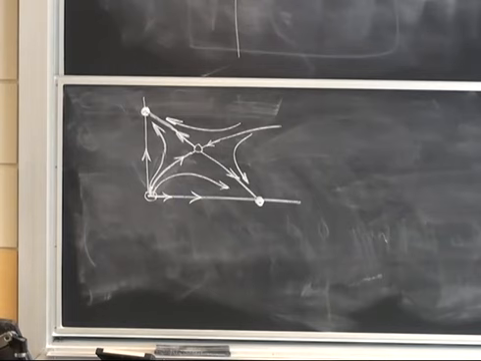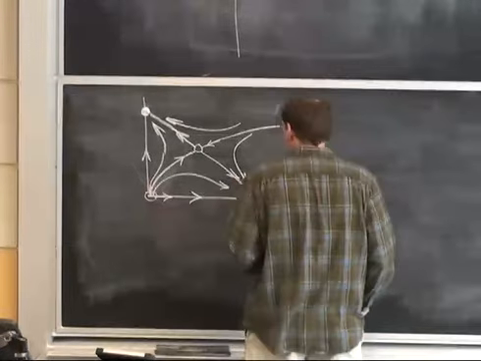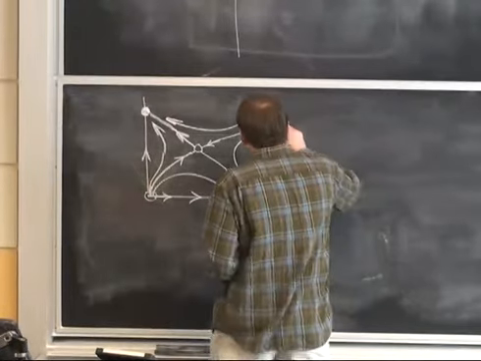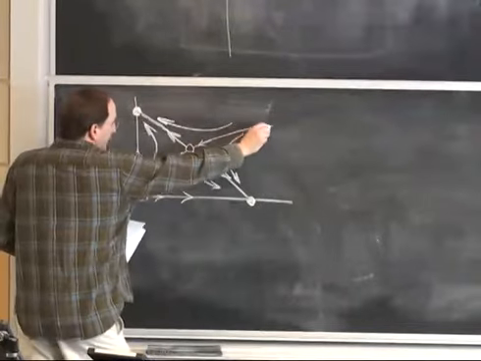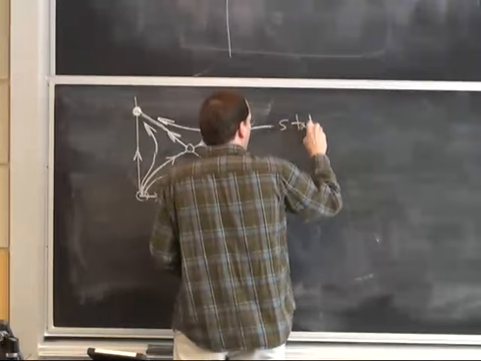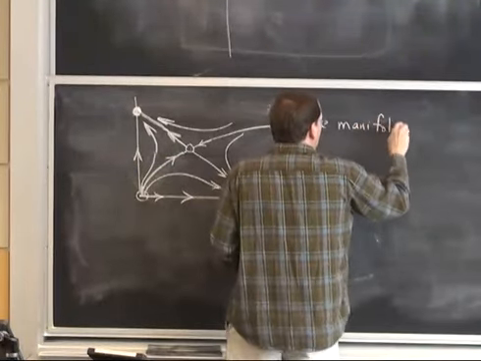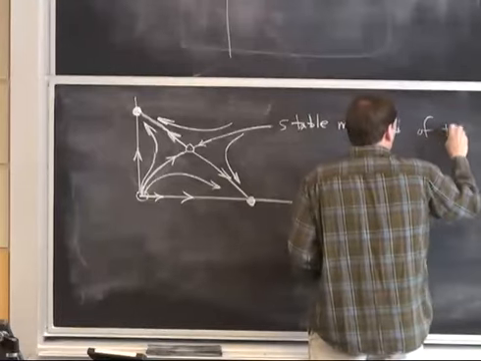I hope that seems plausible to you, or like something you could have drawn for yourself. And now notice what it's saying. If you focus on this curve here, the one that in forward time goes into the saddle, the jargon for this is that we refer to it as the stable manifold of the saddle point.